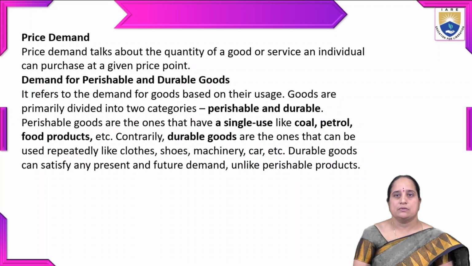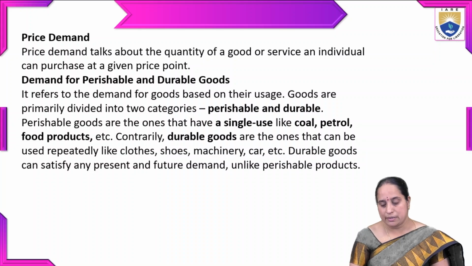Perishable goods are those goods which can be used only a single time, like coal, petrol, food products, etc. Once you utilize them, they cannot be used again. On the contrary, durable goods are those that can be used repeatedly, like clothes, shoes, machinery, cars, etc. So durable goods can satisfy present and future demand, unlike perishable goods.